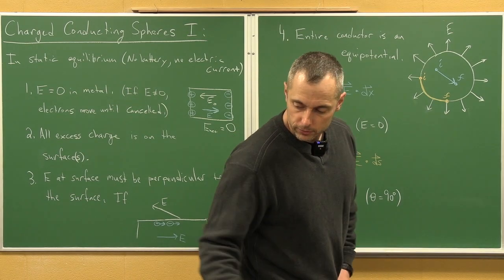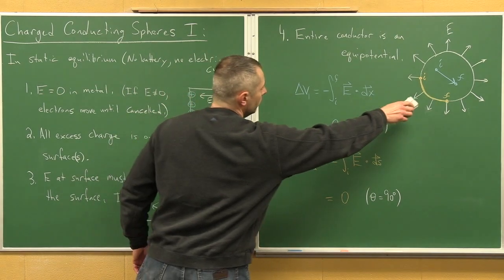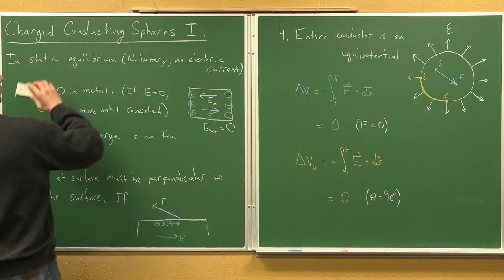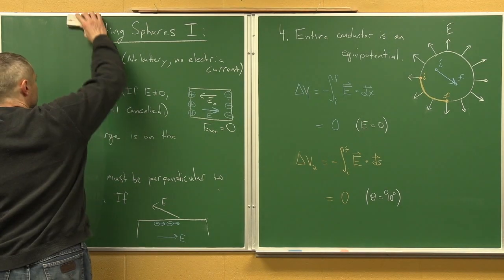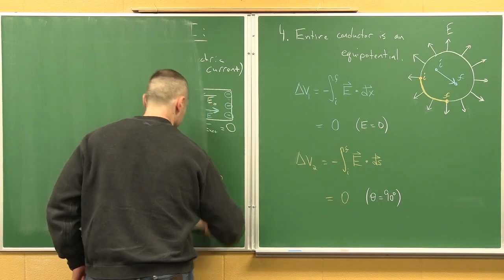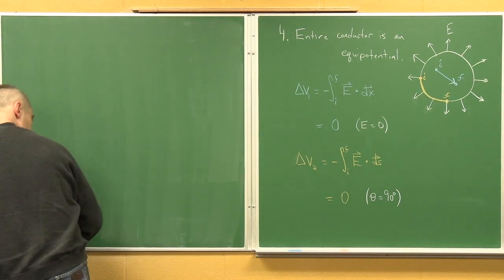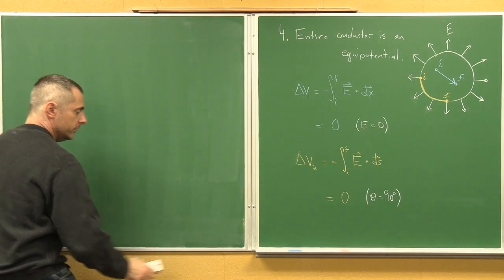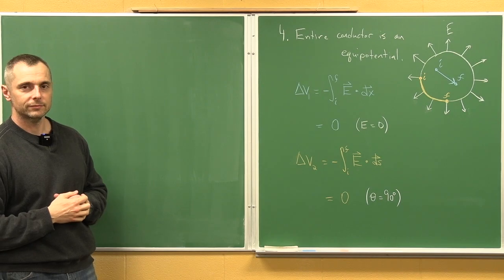You also need to be able to represent those ideas about the electric field and voltage in a possible graph. So let me make some room. All right, so if you need a moment to catch up, I'll create a pause to allow you to copy that down.